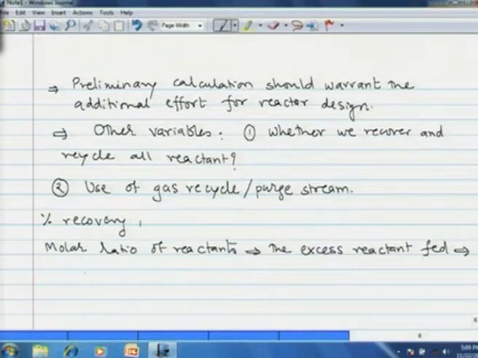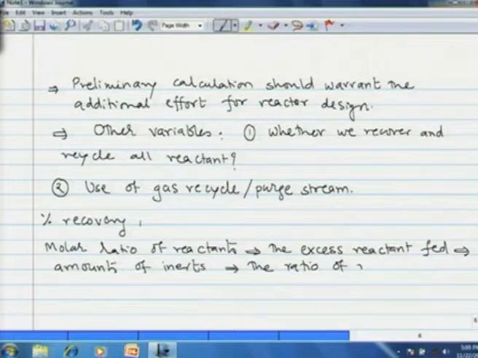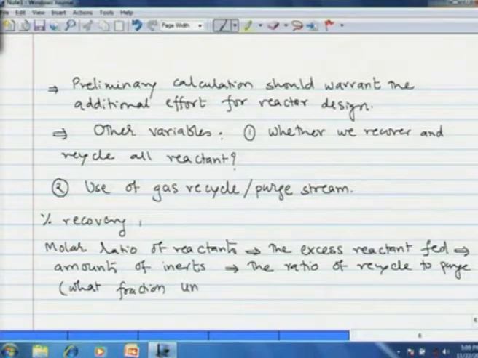Then next is the amount of inerts, the inerts that enter with the feed stream and the inerts that form in the process, and finally the ratio of recycle to purge, as in what fraction of unreacted gas is recycled and how much is thrown out.